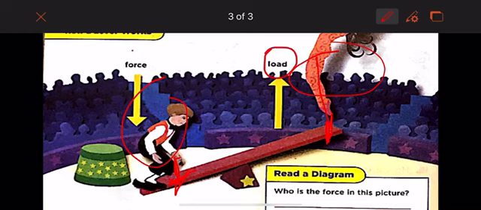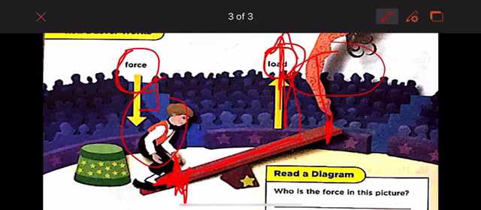The girl is the load and the boy is the force which presses down. So when the boy presses down on the end of the lever, what happens? The load is lifted up.